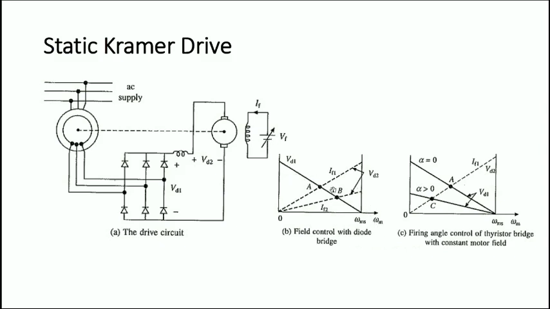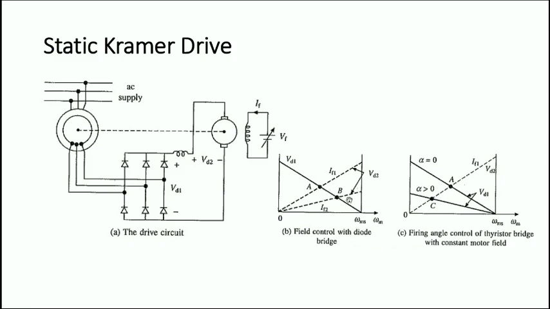Otherwise, in the same VD1, if you are increasing IF1, at some point the flux will get saturated, so this may be the maximum. That is why we are getting a limitation of 50 percent. After some point we cannot change IF1, your field current.